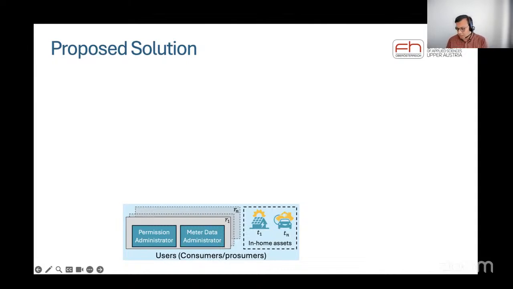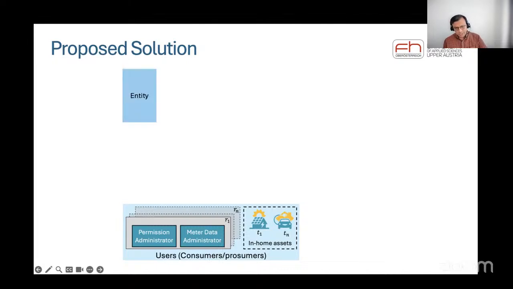It could be a data hub through which they share, or there could be multiple data hubs of different distribution system operators in one country. For example, in Austria, there are more than 120 distribution system operators, and each one of them has its own data access.